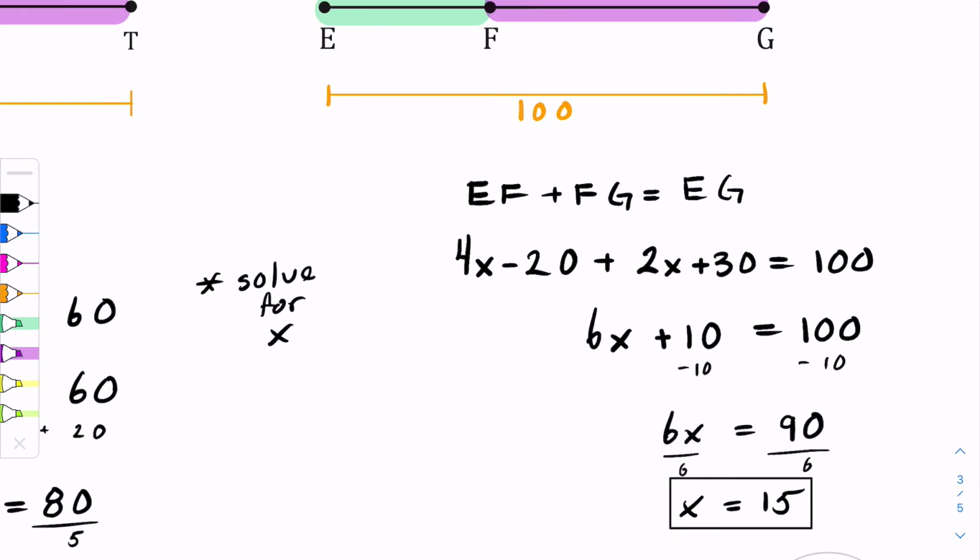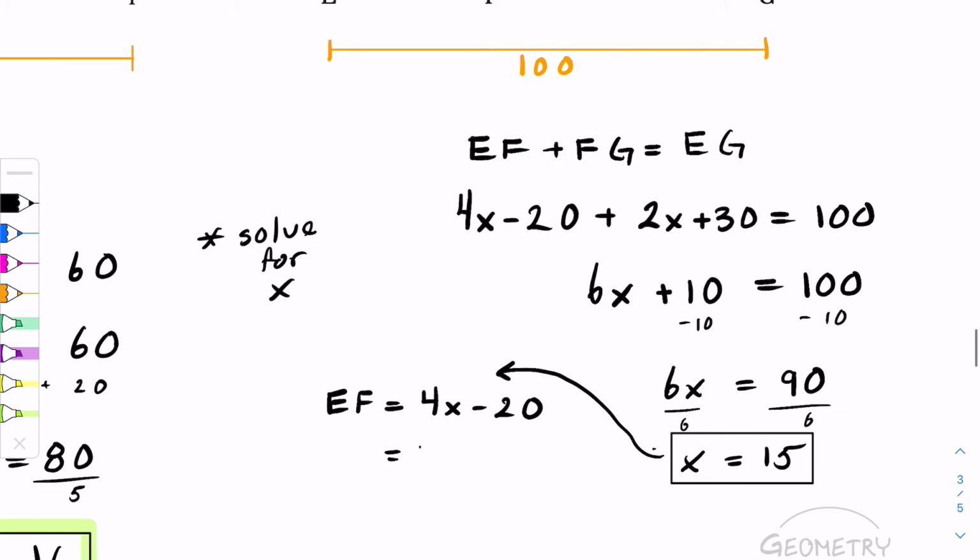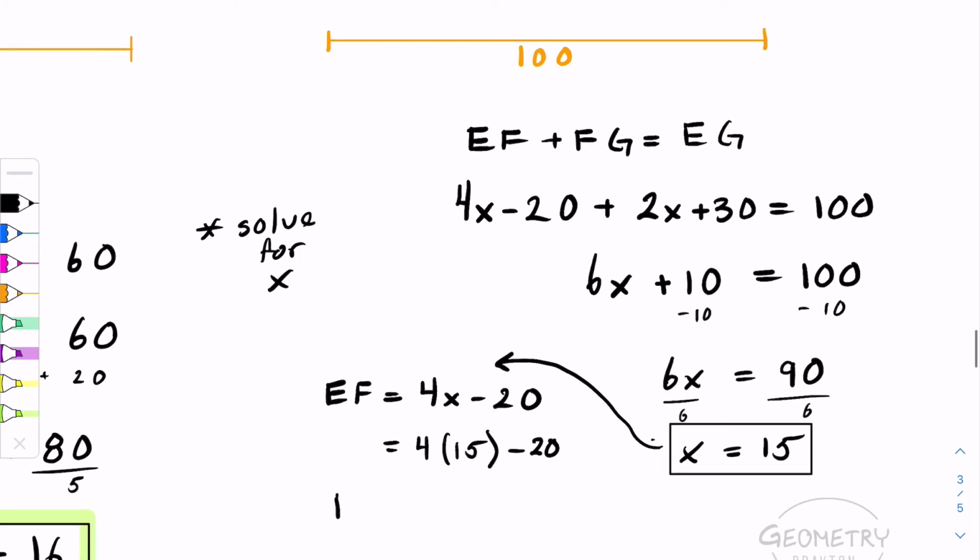Now we're going to substitute this back into our originals. We know that EF is equal to 4x minus 20. When I substitute 15 in, we have 4 times 15, which is 60, minus 20. That would be 40. So EF is the length of 40.